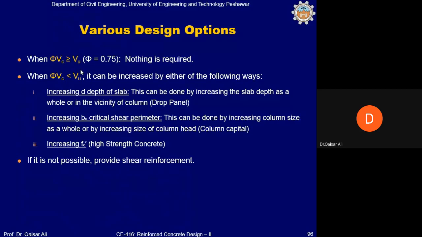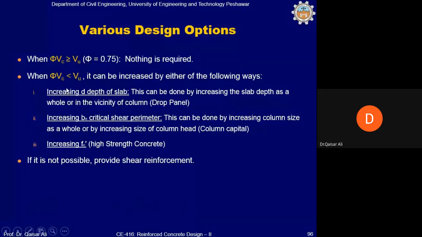If you compare this with the case of beam shear, if you remember, we said that when phi Vc by 2 is greater than Vu, then nothing is required. But here in the case of punching shear, when phi Vc is greater than Vu, then no further action is required to control the problem of punching shear.